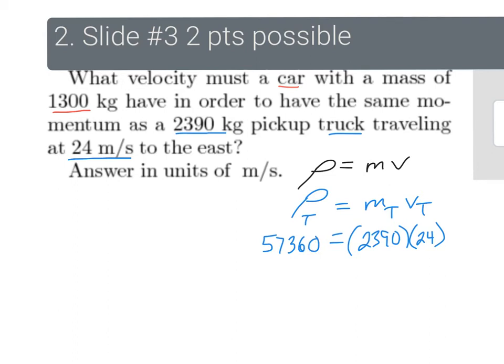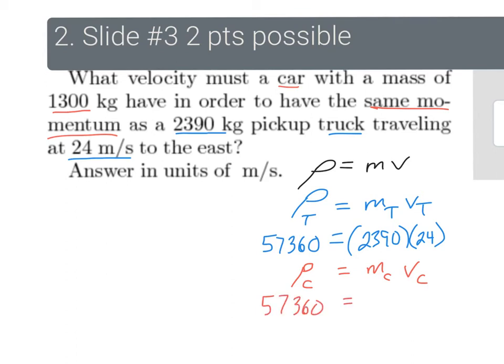Now, it tells us that the car has the same momentum as the truck. So, if I know the momentum of the car and we know the mass of the car, then we can find the velocity of the car, and that's the goal. So I know this is 57,360.